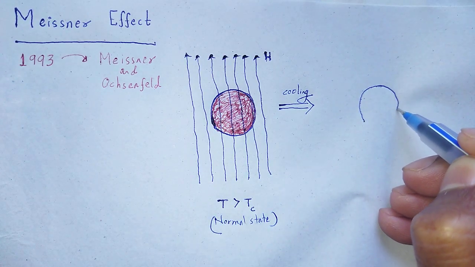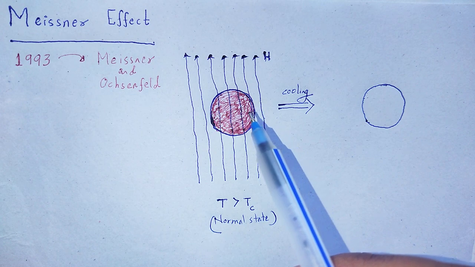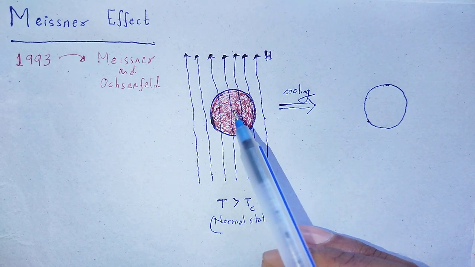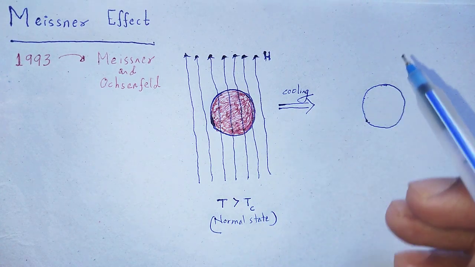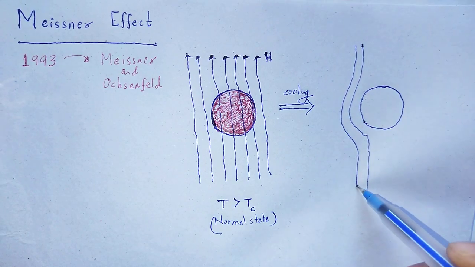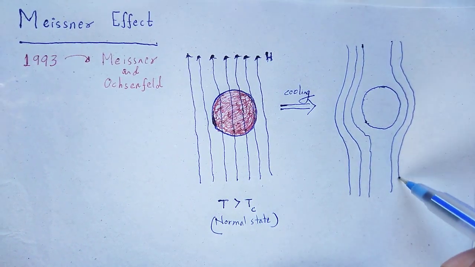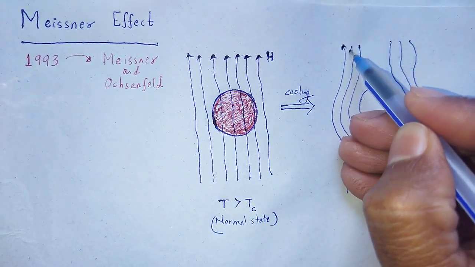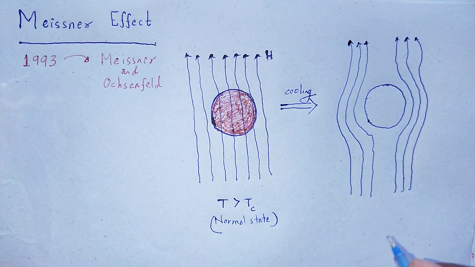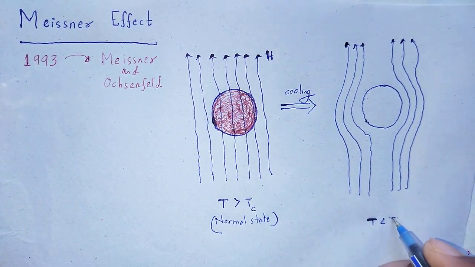They observed that the lines of magnetic induction which had penetrated the material are expelled from that material when the temperature is below the critical temperature.